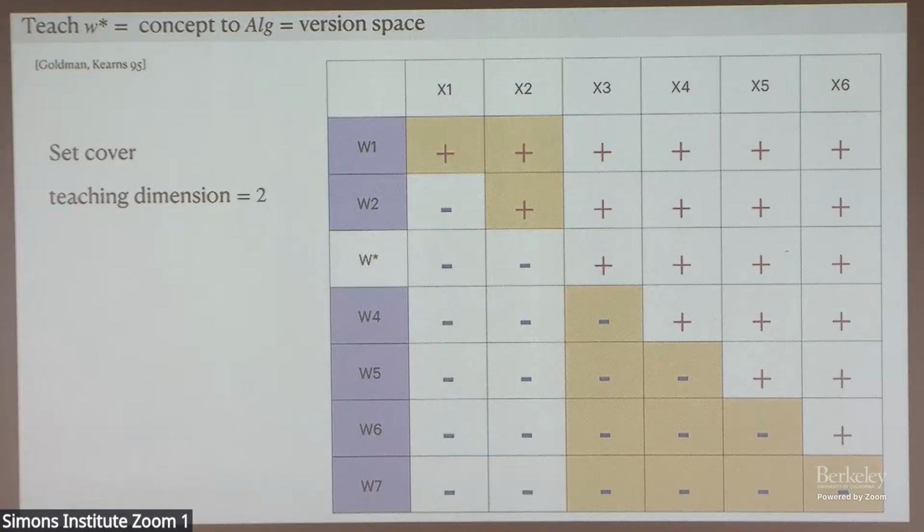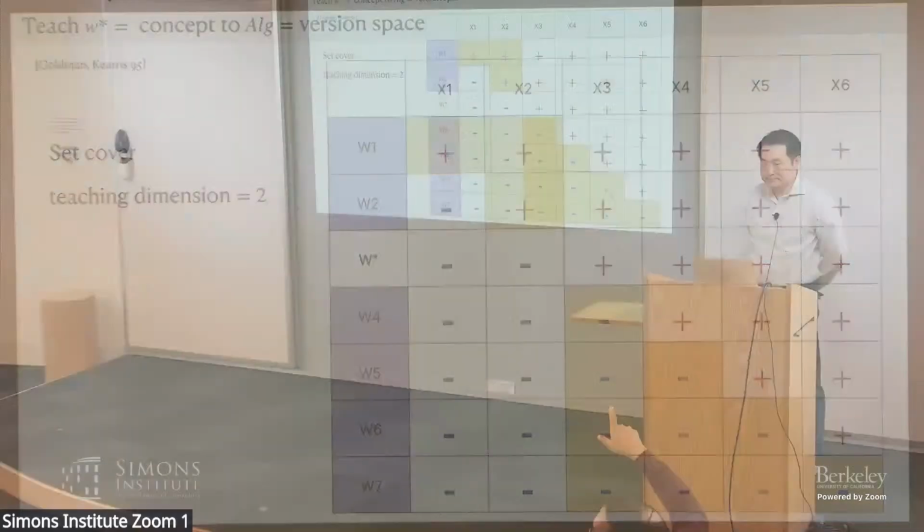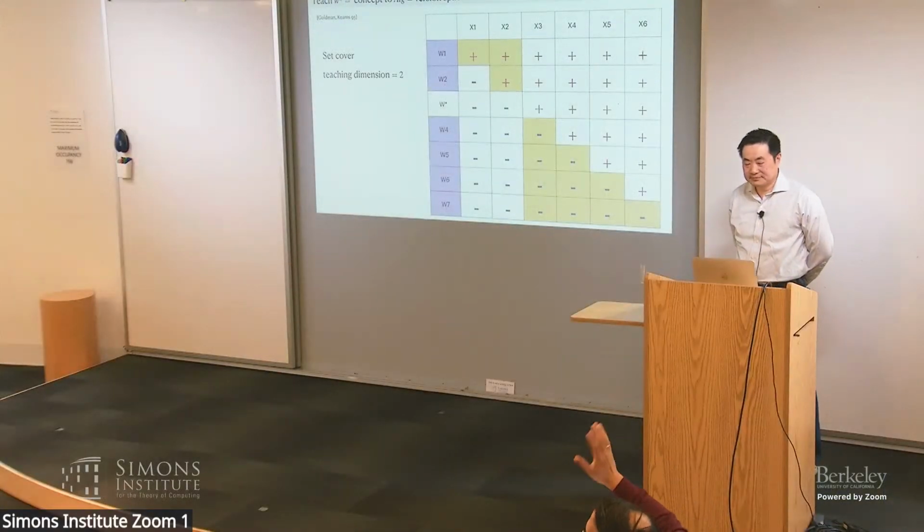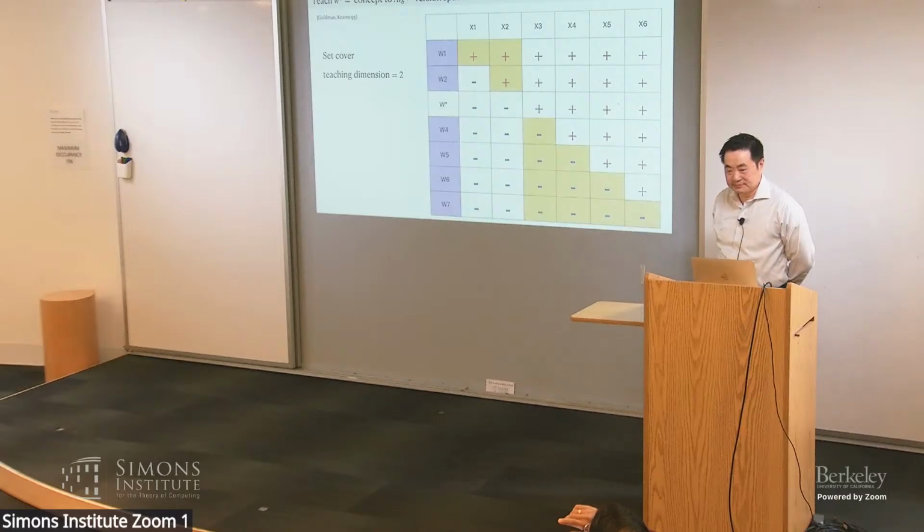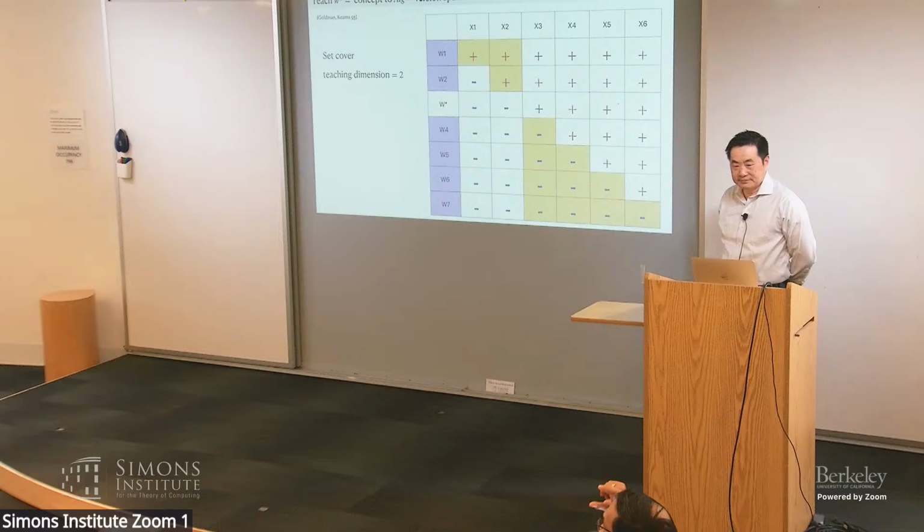The teaching dimension for version space learning, for consistent learning, can be proved to be a lower bound on the number of iterations in counterexample guided inductive synthesis, in program synthesis. The connection is actually quite simple to see once you have the setup. But I just wanted to mention that there is a direct connection between results in machine teaching and the theory of program synthesis.